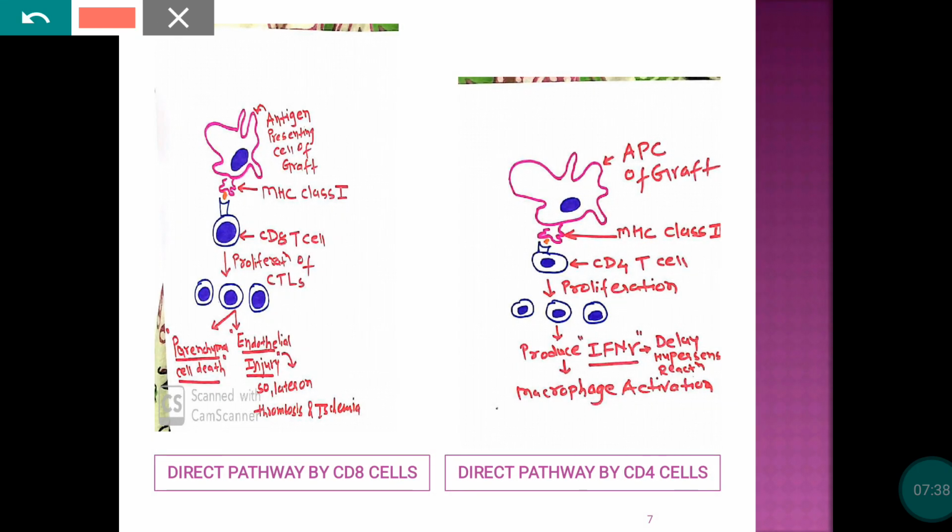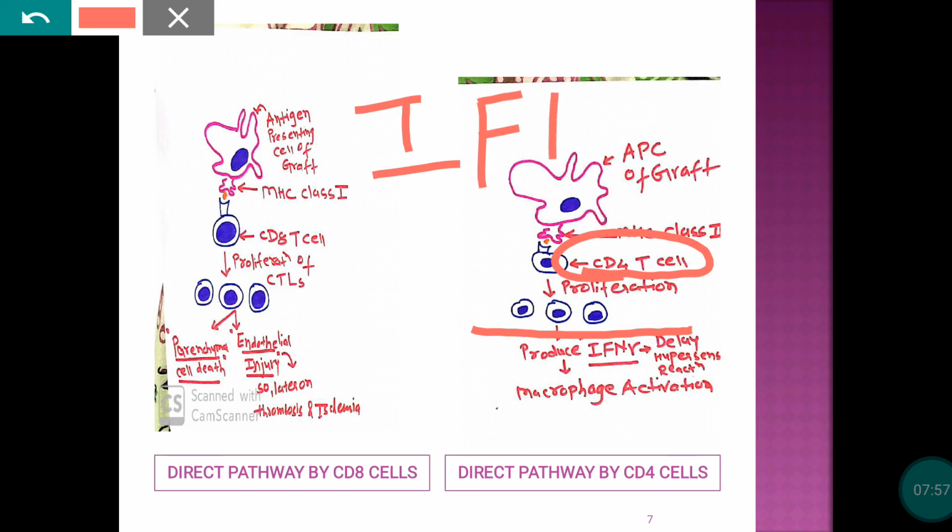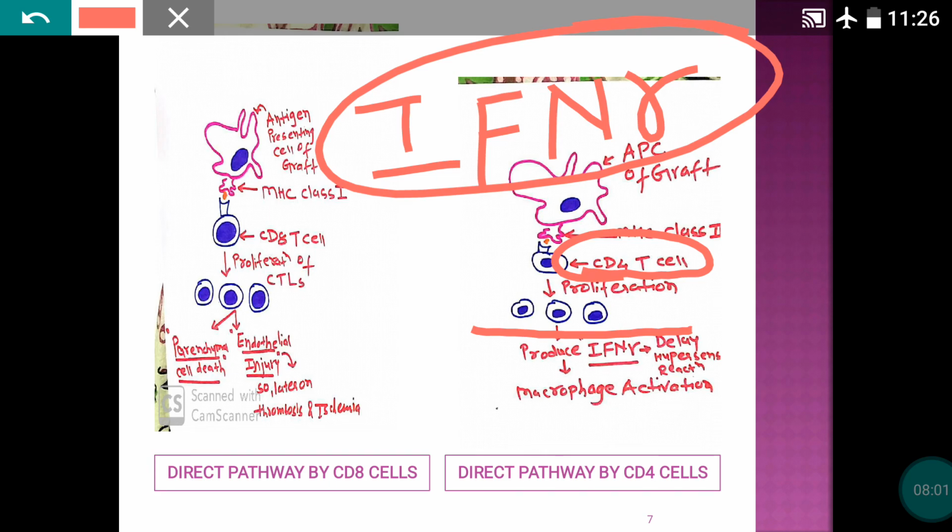Now CD4 T lymphocytes get proliferated once they recognize the antigen. From 1 it will convert into 3, 4, 6, etc. The proliferated T lymphocytes can produce one important mediator, that is interferon gamma.